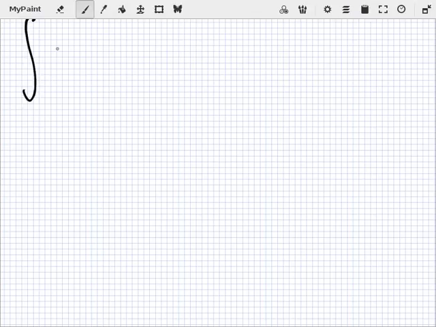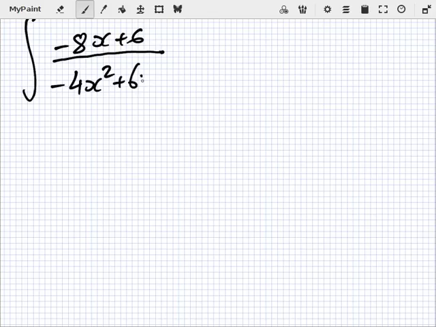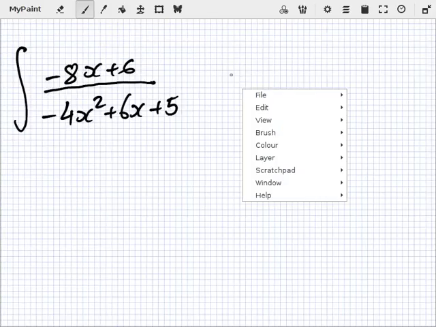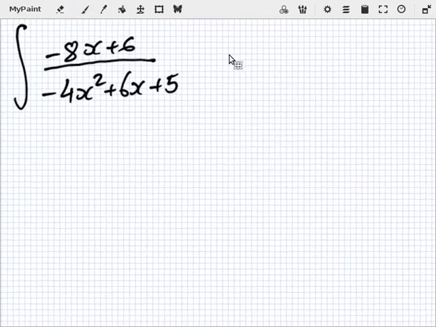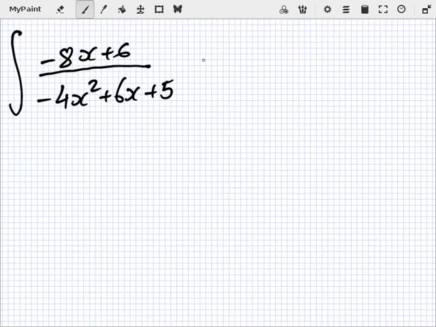Minus 8x plus 6 over minus 4x squared plus 6x plus 5 dx.